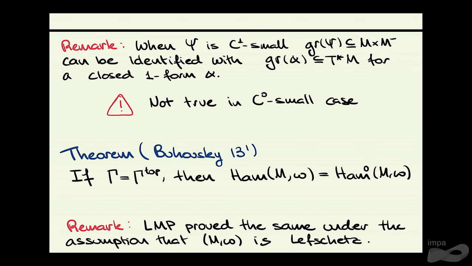So now I can talk about the state of the art in the C0 flux conjecture. Puchowski in 2013 showed that if the topological flux group is equal to the symplectic flux group, then Ham is equal to Ham0, and the C0 flux conjecture is true. And this is what Lalonde, McDuff, and Polterovich showed before in the Lefschetz case, so in particular for Kähler symplectic manifolds.